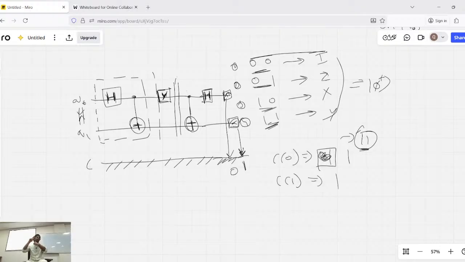Alice wants to send two bits of information to Bob, right? So these are the four options for the two bits of information which she wants to send. In this example, Alice wanted to send 1 1 to Bob. That's why she used the Y gate. If Alice wants to send 0 1 to Bob, instead of this Y gate, she will be using the Z gate.